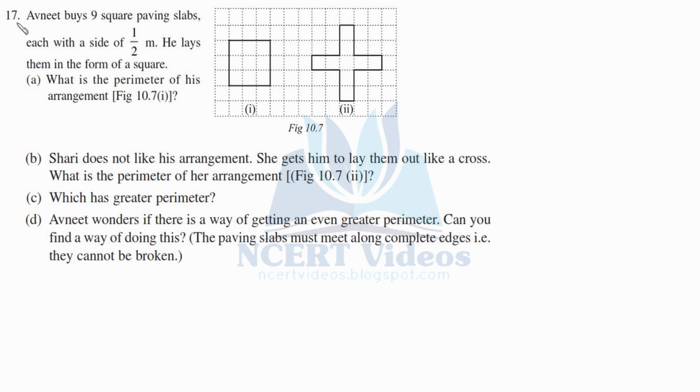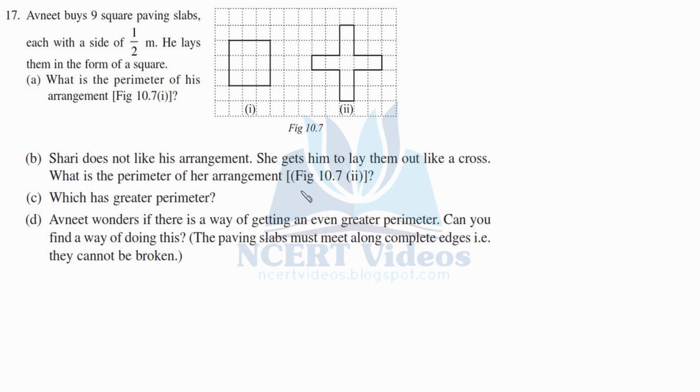17. Avneet buys 9 square paving slabs, each with a side of half meter. He lays them in the form of a square. A part. What is the perimeter of his arrangement in this figure? You can see here. Now B. Shari does not like his arrangement. She gets him to lay them out like a cross.